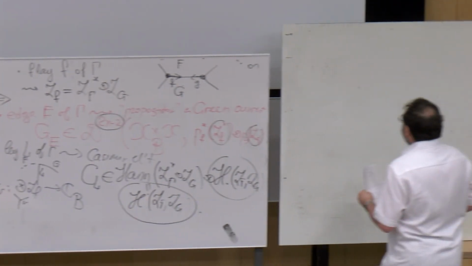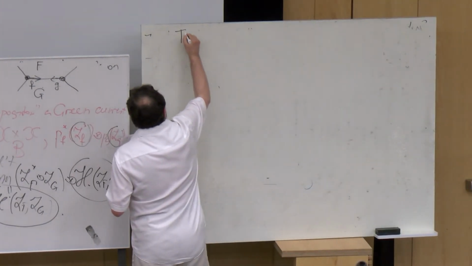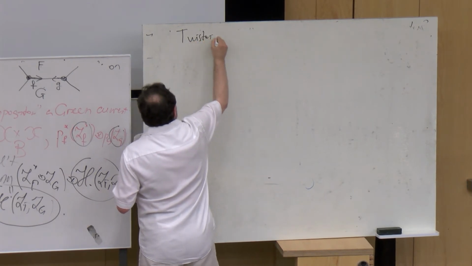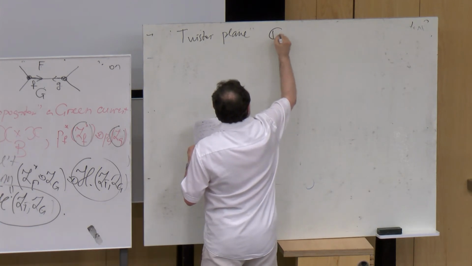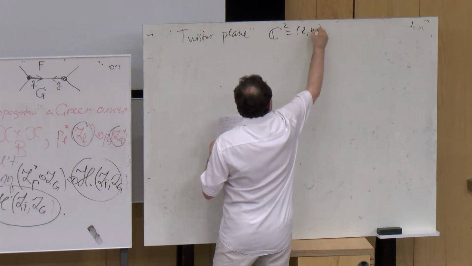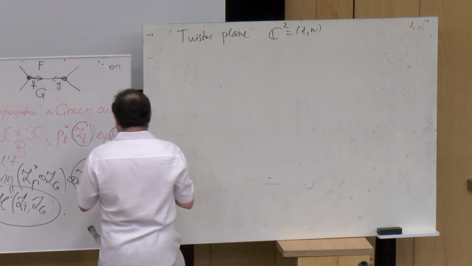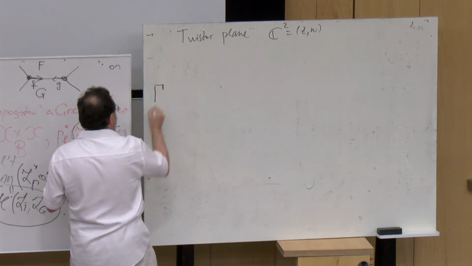Yes. So now we take a twistor plane. I write it again. This is plane C2. It just has canonical coordinates Z and W. And then we do the following. So we start with the graph gamma.